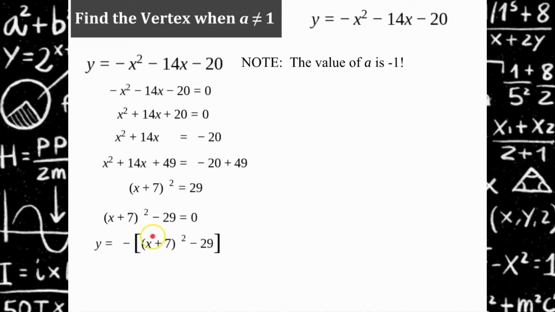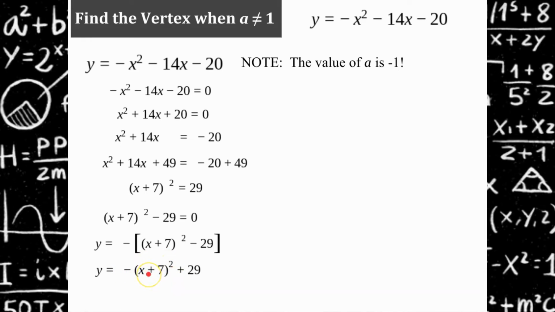Here's where you have to pay attention. When you put your y back in here, we have to consider that a is -1. Because we divided every term up here by -1, we now must go back and multiply every term by -1. So we're going to have negative, this is one term, this is a product, but it's one term.